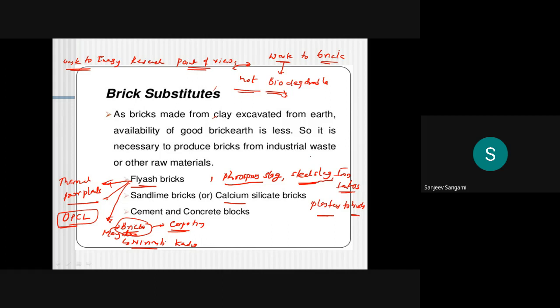Even if I use this phosphorus slag, you have to check whether there are any residues or toxic effects of this slag on the application. On the other side, if I use this for a particular application, are there any disadvantages? So in both things we have to check it.